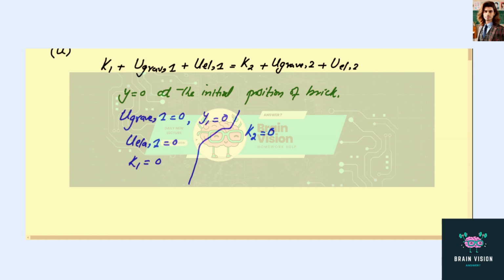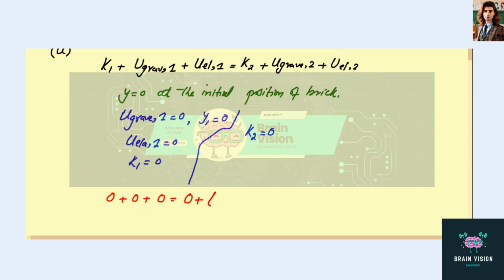Now we can put all these values in the work energy theorem. So we have initial kinetic energy 0 plus initial gravitational potential energy 0 plus initial elastic potential energy 0, equal to final kinetic energy, which is also equal to 0, plus final gravitational potential energy, which is equal to mgh.